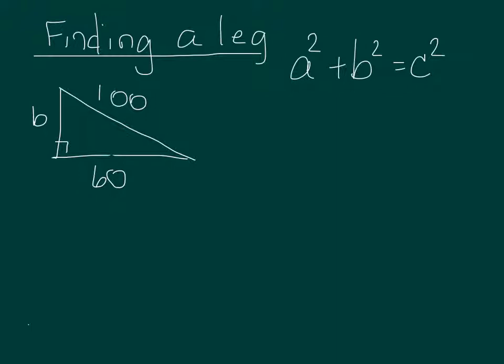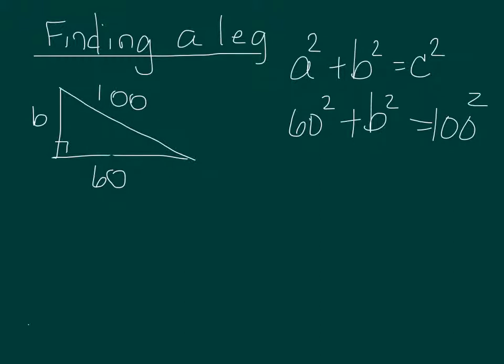So 60 is side A. So we have to take side A and square it. We don't know what B is, so we still have an unknown. But we do know what C is. It's 100, and we're going to square it.